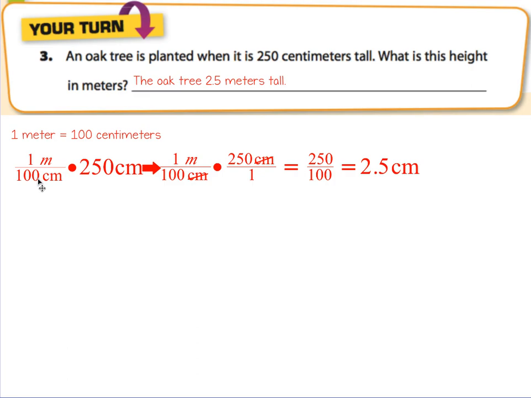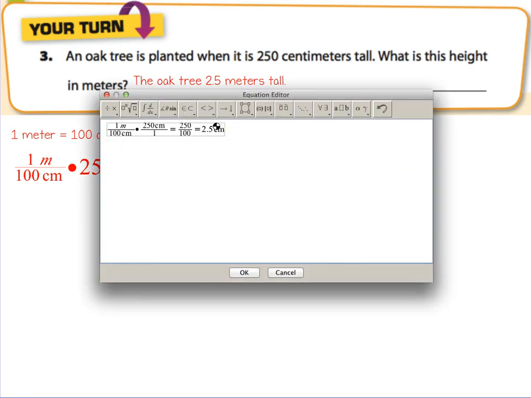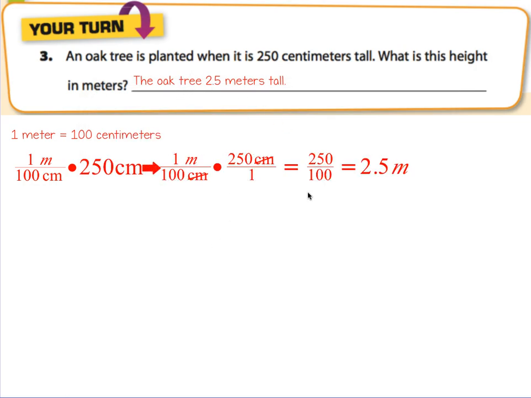So 1 over 100 times 250 over 1 equals 250 over 100 equals 2 5/10 centimeters. Or I'm sorry, not centimeters, meters. Okay, so the oak tree is 2 5/10 meters tall.